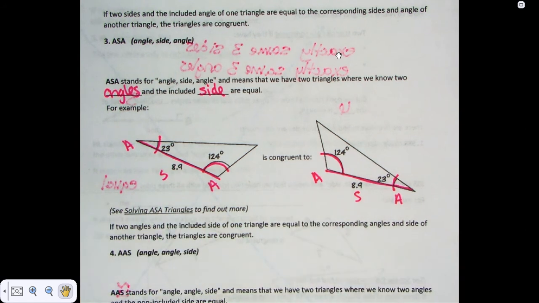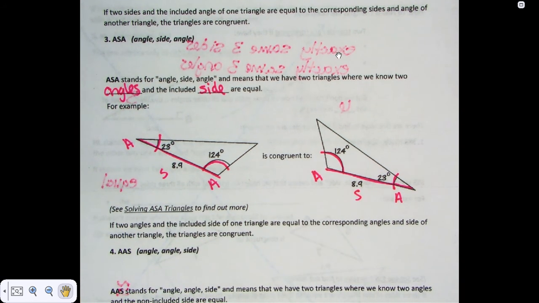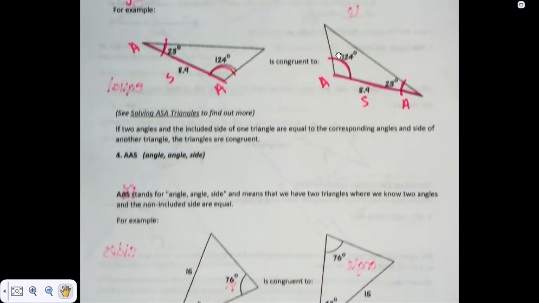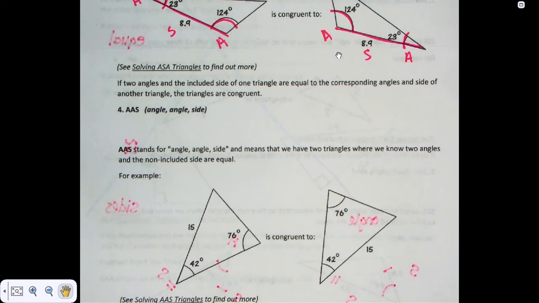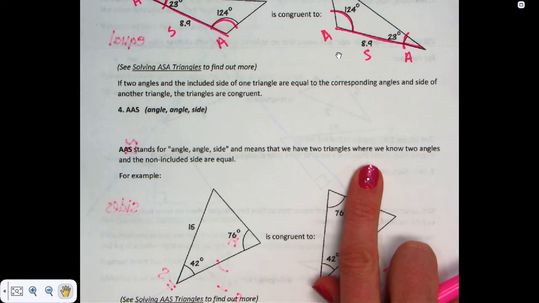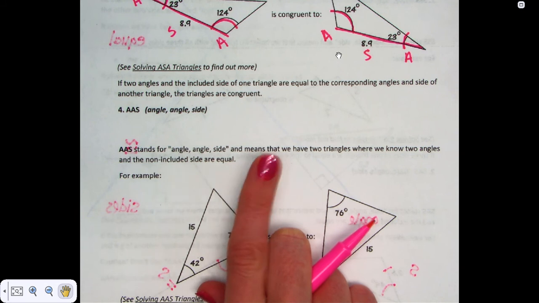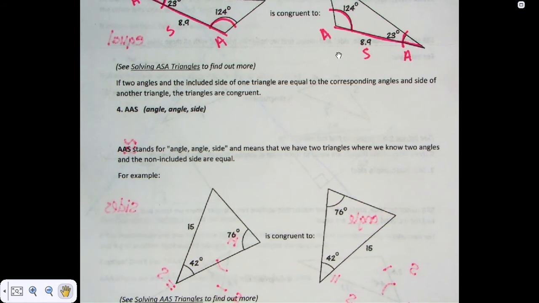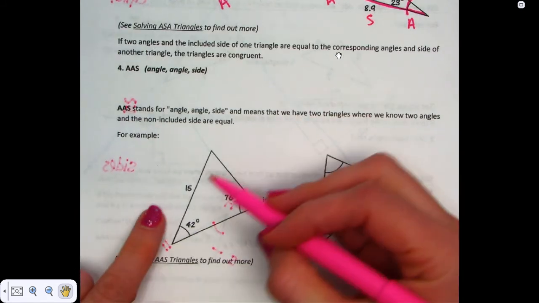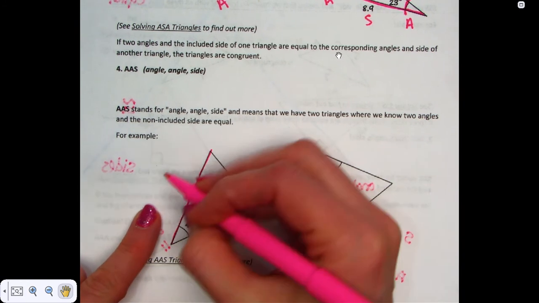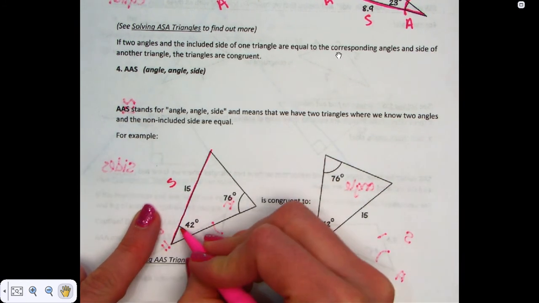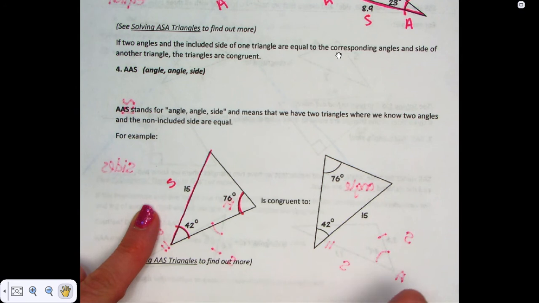Okay, moving along. So we've done 3 of them so far. We have 1 more to go, which is angle, angle, side, where we have 2 triangles where we know 2 angles and the non-included side are equal. All right, so let's look at that. We have 15 is our side, and then we have an angle and another angle.